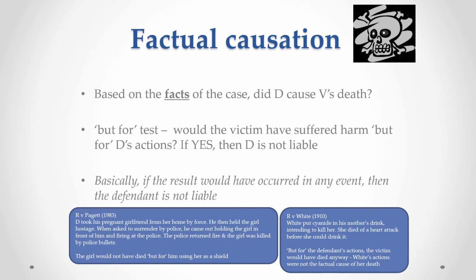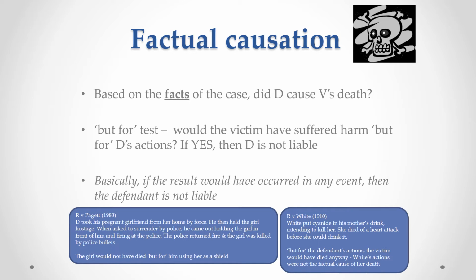He essentially took his pregnant girlfriend from her home and held her hostage. So the police had turned up and asked him to surrender. He came out of her home, holding her in front of him and firing at the police. They returned fire at him and the girl was killed by their bullets.